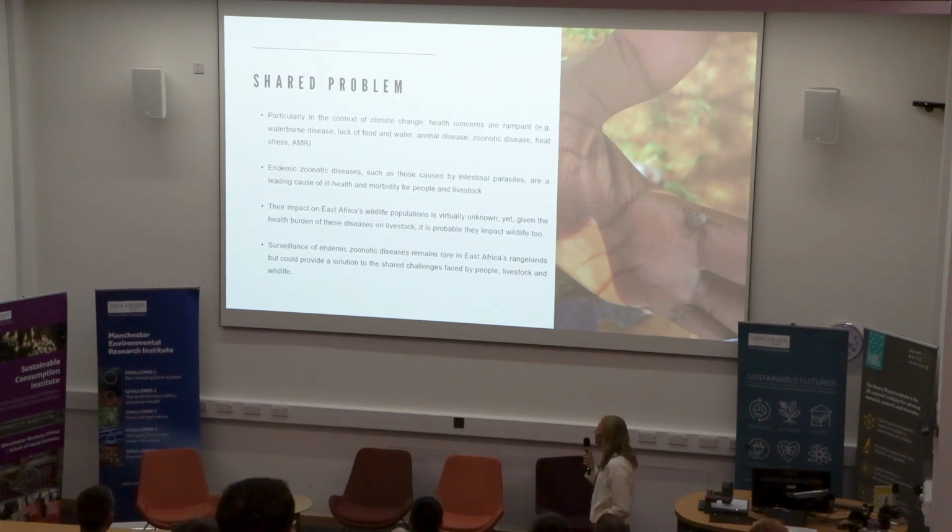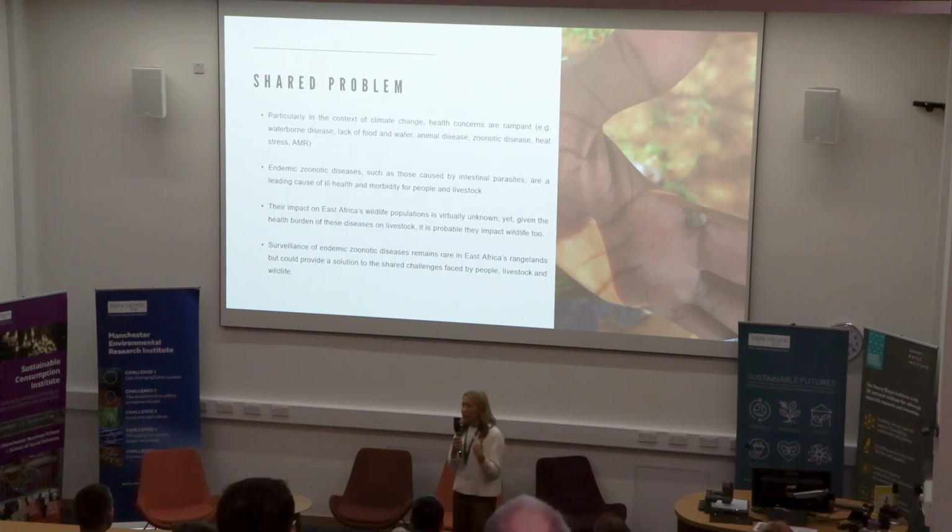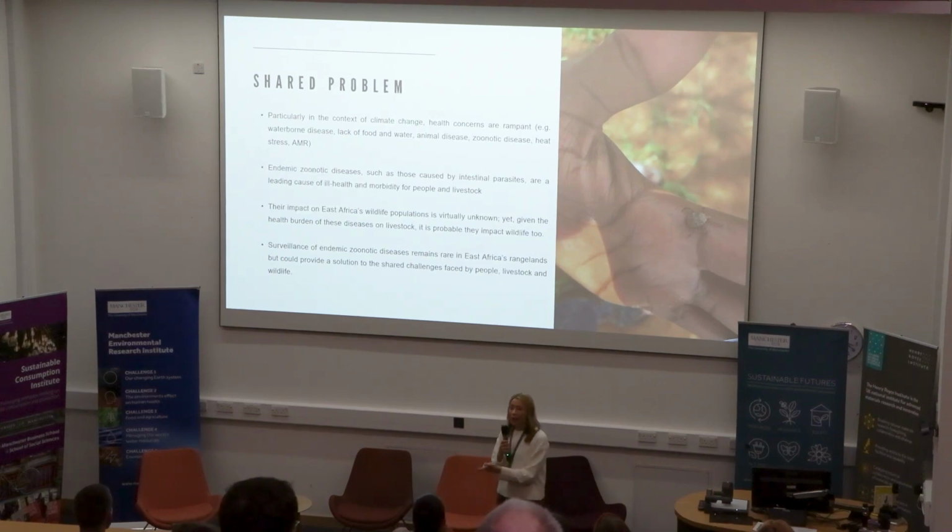Although there's very, very little research on this, Suzanne's lab is working on it: East Africa's wildlife populations are likely to be impacted negatively by the same diseases that affect livestock. So we don't actually have the evidence to show that wildlife populations are declining because of these endemic zoonotic diseases, but we can guess they are. If cattle and goats and sheep are dying from these diseases, probably wildlife populations are as well.